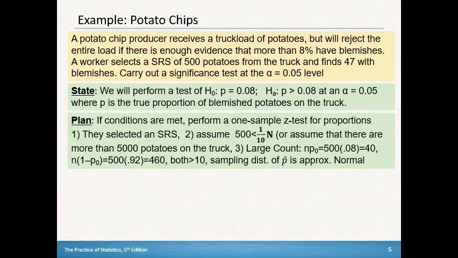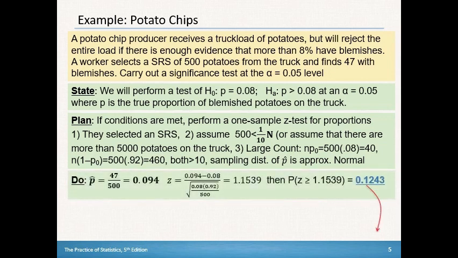All right, now we want to do our do. So we first calculate our p hat, calculate our test statistic, our z, and then calculate our p value, again, which is the probability.